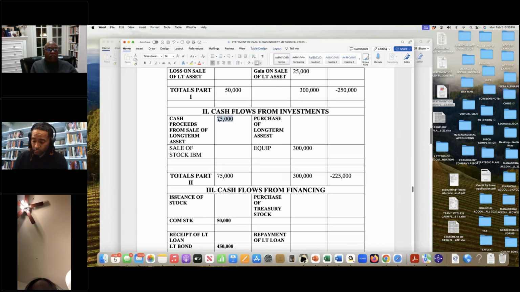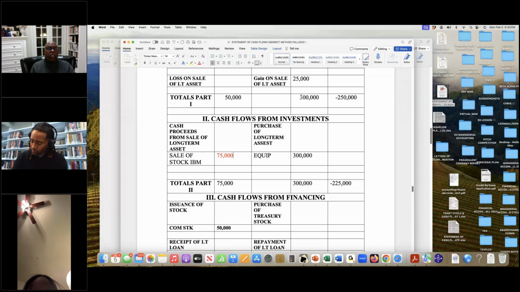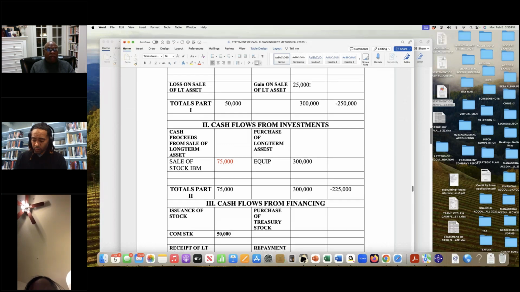Let me just put it here, 75. So we took the gain out and put the proceeds down here. We net back to the change of 50. But we don't want gains on long-term assets in operation. We could be fooled, because these are non-recurring, into thinking that this company's doing well.